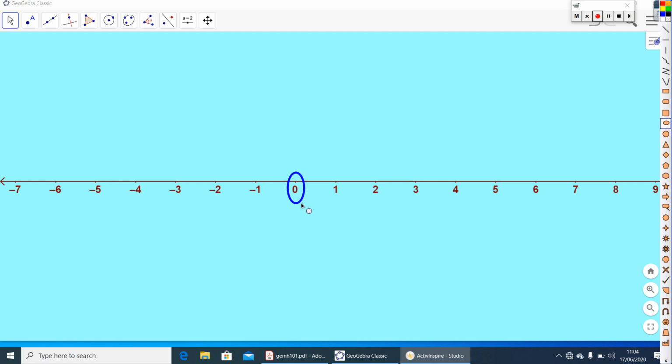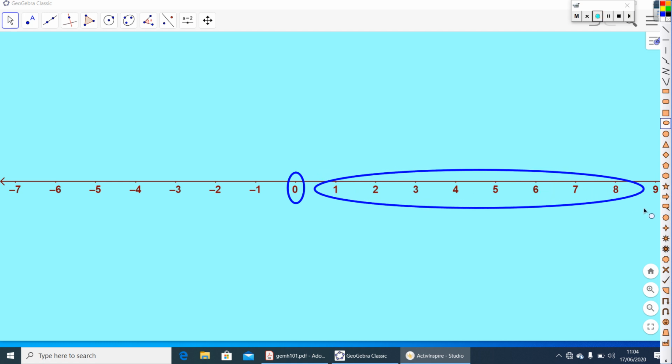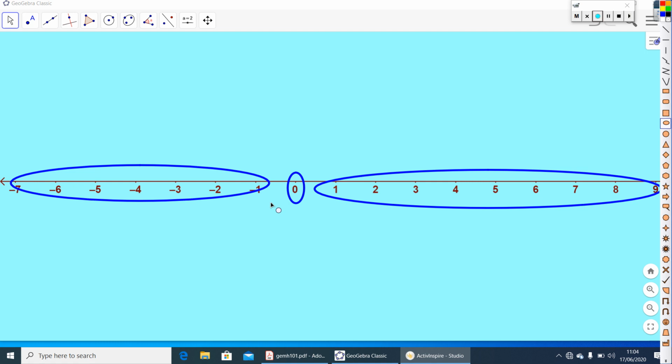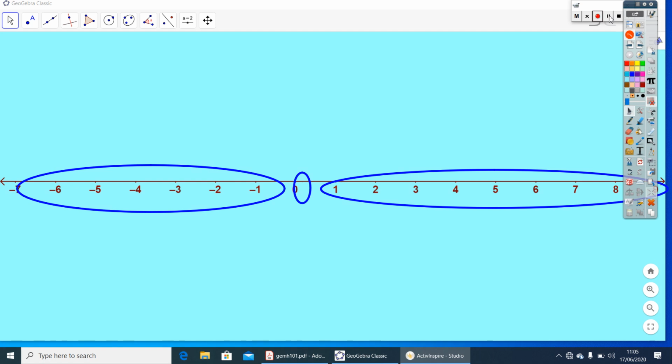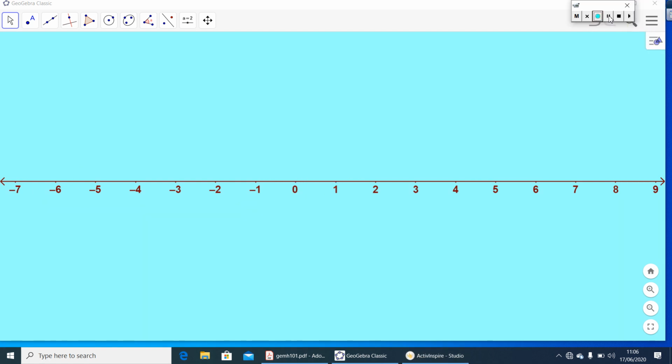Then to the right of 0 we write numbers 1, 2, 3, 4, 5, 6, 7, 8, 9, etc. And to the left of 0 we write -1, -2, -3, -4, -5, etc. That means one division left to 0 is -1 and one division right to 0 is +1. In this way we can represent integers on a number line.